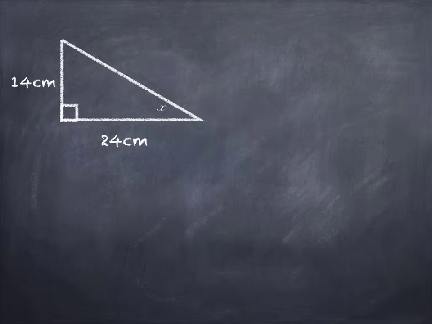So we have tan x equals 14 on 24. So we want to get rid of this tan, we need to apply a tan to the -1 of this, and then this tan and this tan will cancel out.